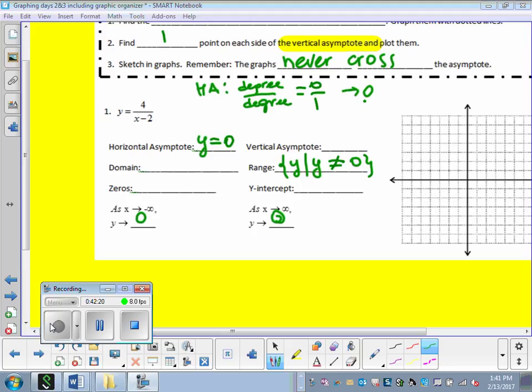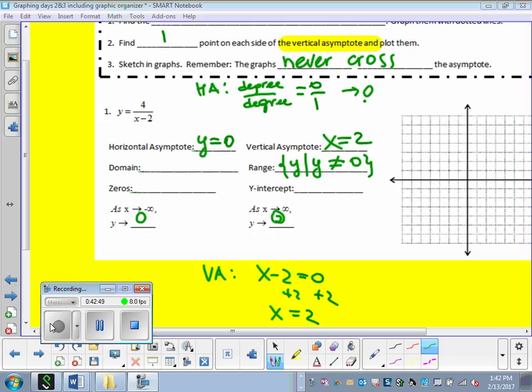Vertical asymptote. What do I do to find vertical asymptote? You said x minus 2 equals 0. Set denominator to 0. So vertical asymptote, I set my denominator x minus 2 to 0, solve for x. Plus 2, x equals 2. That's my vertical asymptote. X equals 2. Go back to your graphic organizer.